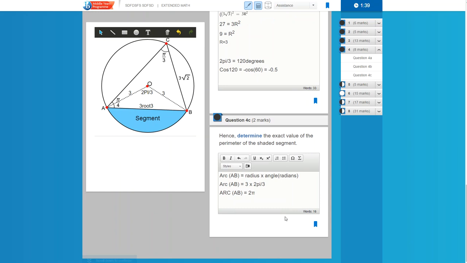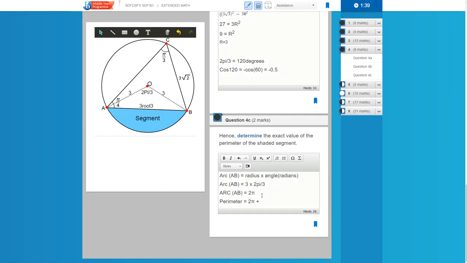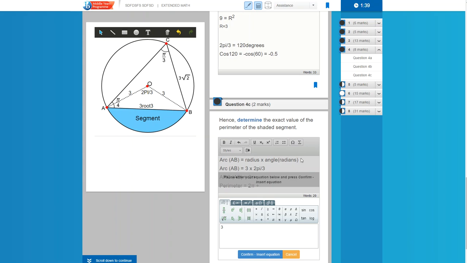What else do I need to do then? The perimeter. So the perimeter is equal to what? 2 pi plus, what do we need to add on to it?